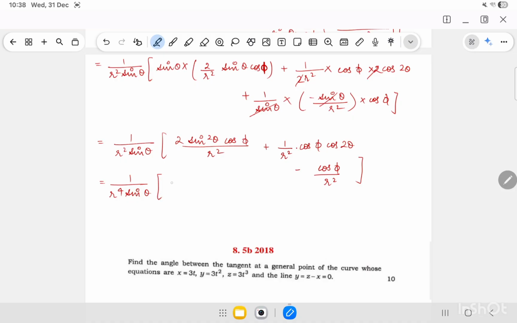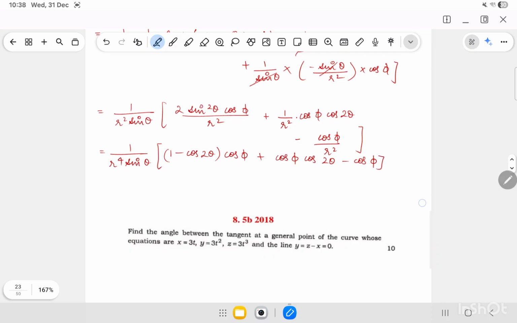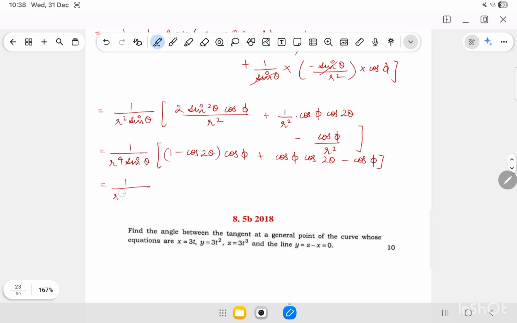times 2 sine square theta, which we can write as 1 minus cos 2 theta into cos phi plus cos phi into cos 2 theta minus cos phi, which is equal to 1 by r raised 4 sine theta times cos phi minus cos phi times cos 2 theta plus cos phi times cos 2 theta minus cos phi.